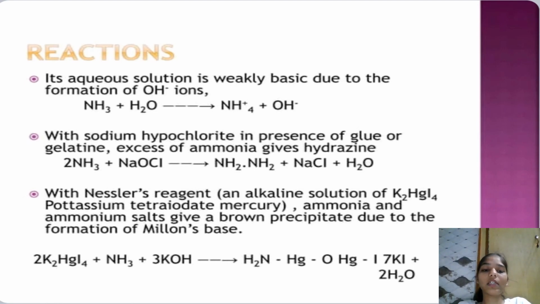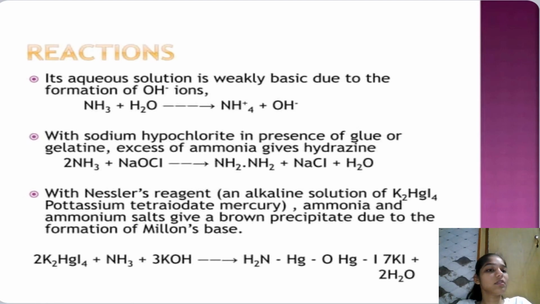Next, when ammonia reacts with sodium hypochlorite in the presence of glue or gelatin, excess of ammonia gives hydrazine. Next is with Nessler's reagent. Nessler's reagent is an alkaline solution of K2HgI4, that is potassium tetraiodomercurate.